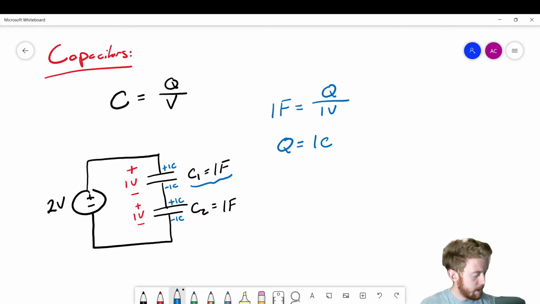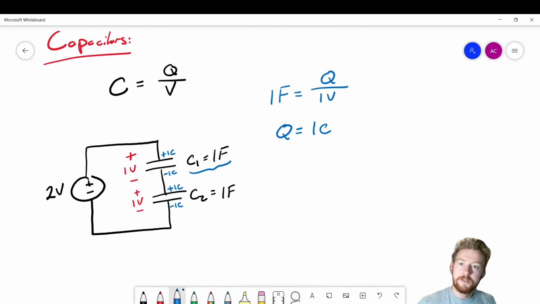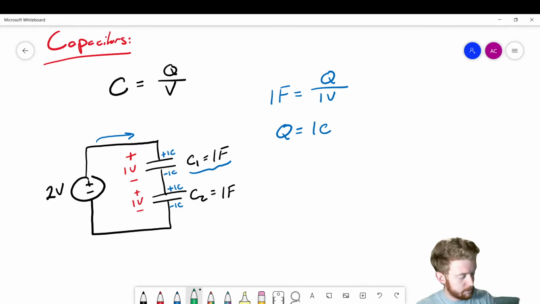Okay, so now let's look at this a little bit more so we can see how much charge the source has to supply. Okay, so you might be tempted to say, well, it's supplying 2 coulombs, but that's actually incorrect, because whenever we supply 1 coulomb to this first capacitor, we get 1 coulomb of charge on that top plate. What that's going to do is repel 1 coulomb of charge from the bottom plate and turn it negative.